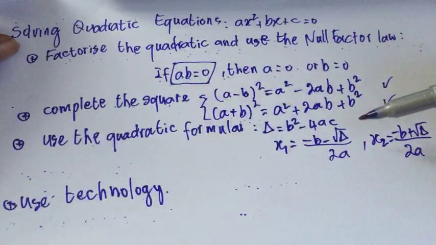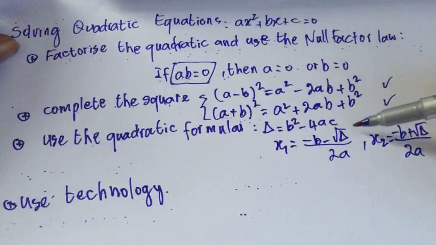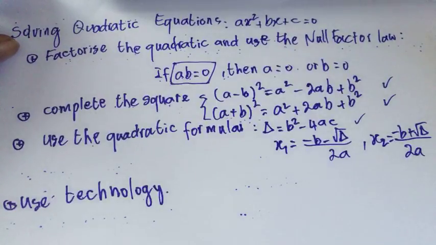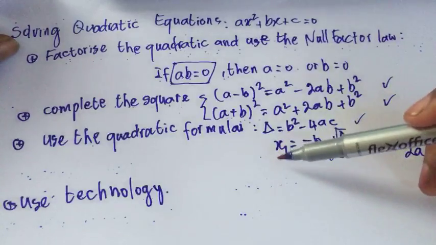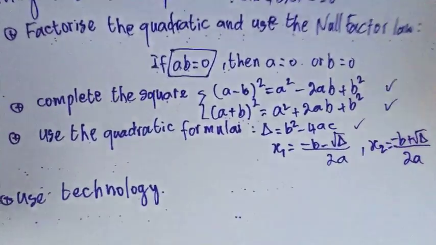And use the quadratic formula, delta equal to b squared minus 4ac, and then x1 equal to minus b minus square root delta divided by 2a, x2 equal to minus b plus square root delta divided by 2a.